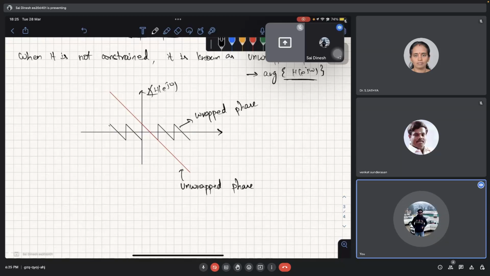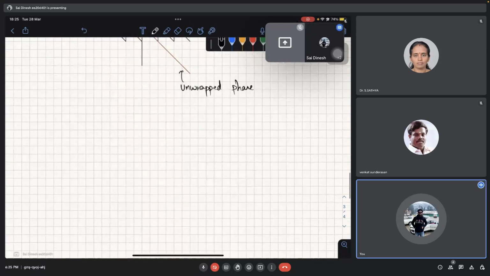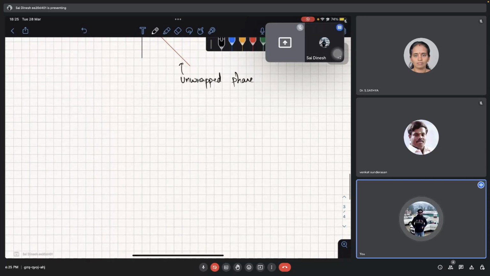But phase unwrapping does not remove the jumps of pi. Whenever there is a jump of pi, it still remains after phase unwrapping, but when there is a jump of 2 pi, it gets removed because of the unwrapping, right? So it just continues below, but whenever there is a jump of pi, it is still in that zone of minus pi to pi.